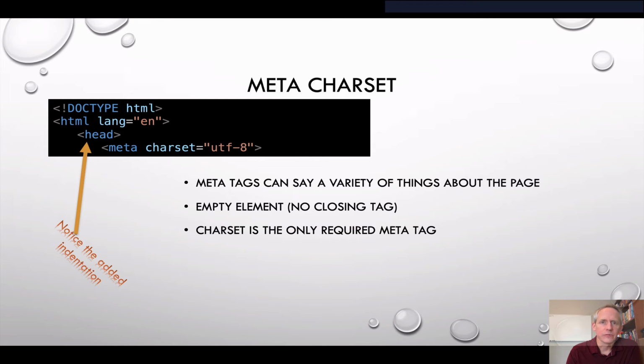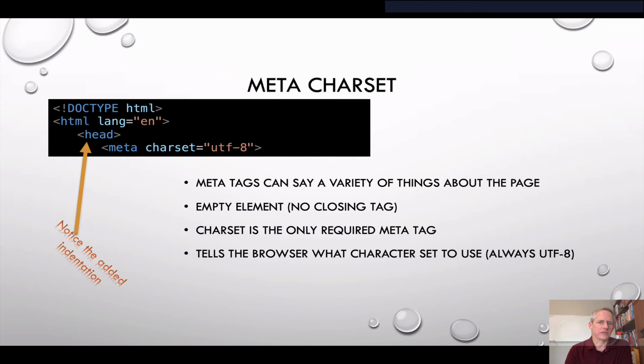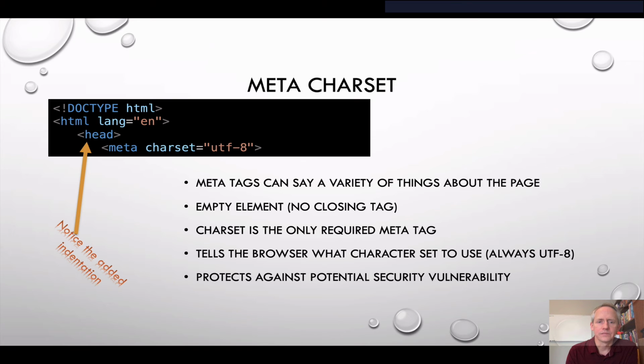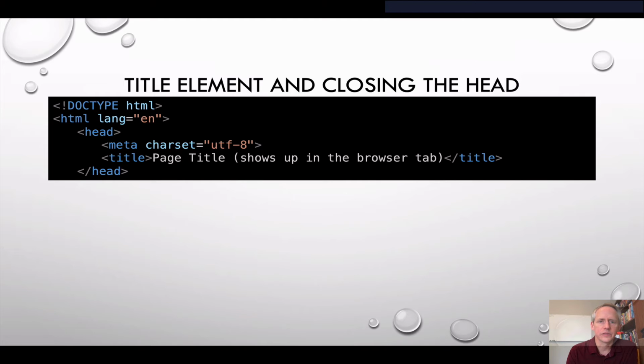Charset is the only one that we need to have, and it tells the browser what character set to use, and it's going to be UTF-8 for the purposes of what we are doing, and it's there to help protect against a particular attack that is rare, but it's worth having. Okay, the potential security vulnerability that can happen results to it.